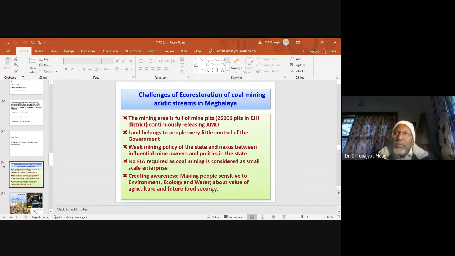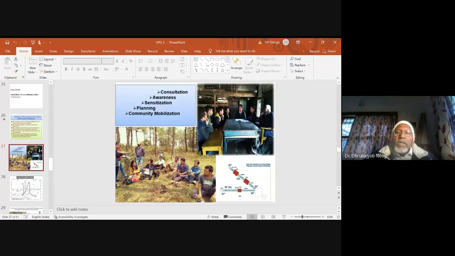So we conducted meetings with the villagers, and here you can see the meeting was done indoor and then outdoor, and we focused on the environmental problems and how these environmental problems are affecting the people. So consultation was done and then awareness was created and we sensitized people, and then planning was done.